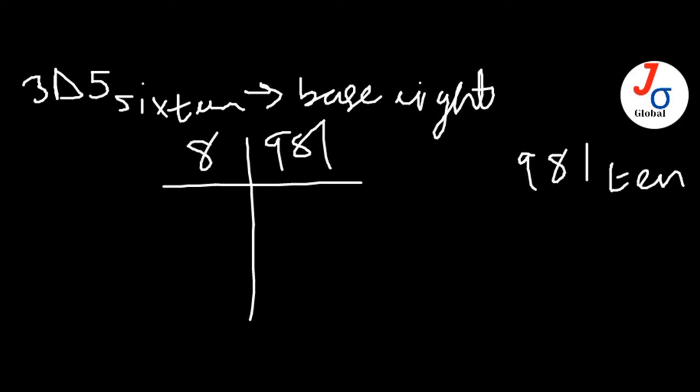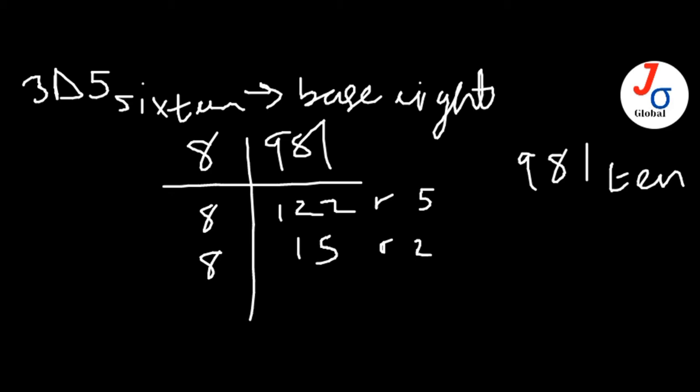Okay, so 981 divided by 8, what we get is 122, remainder 5. So 122 divided by 8 again. So we have 15, remainder 2.